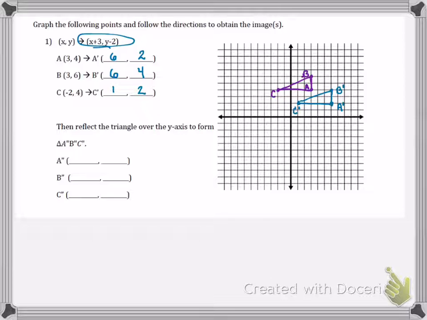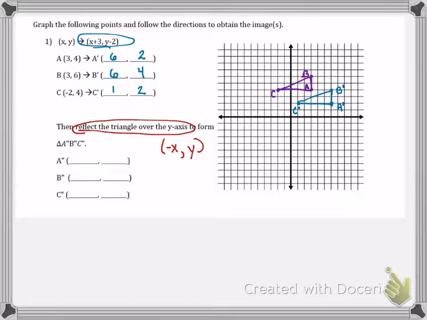Now it is combined transformations, so we are going to take that translation and then do our next transformation, and we're reflecting over the y-axis. So the rule for reflecting over the y-axis is that the y value stays the same, but the x value becomes its opposite.